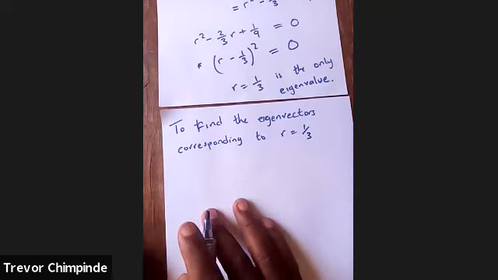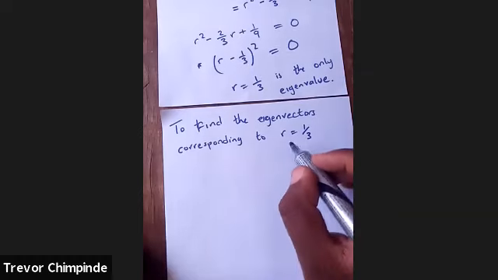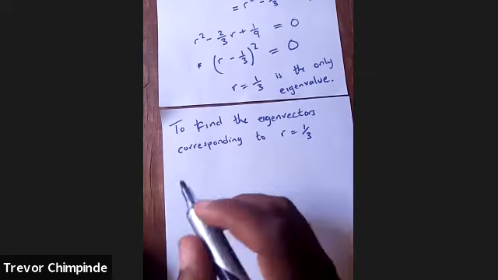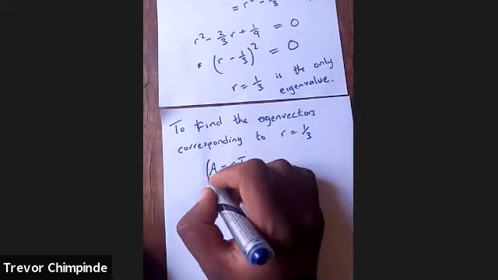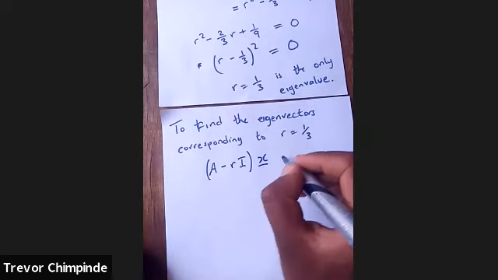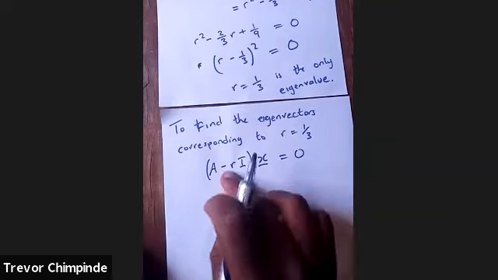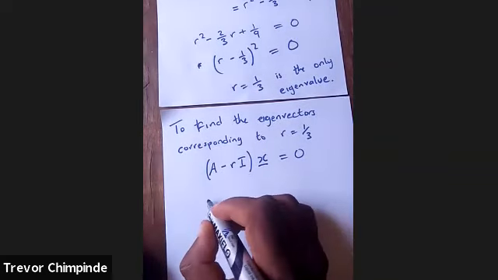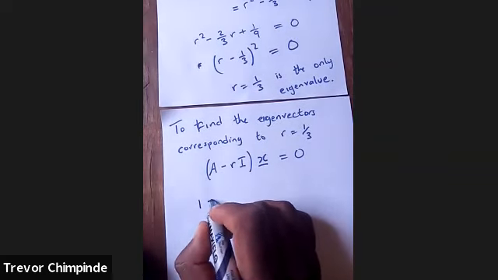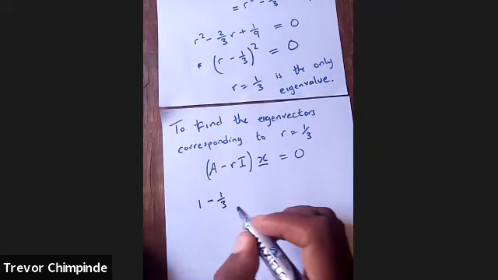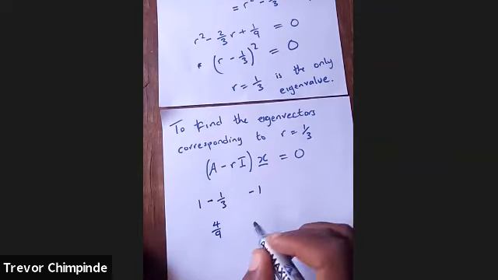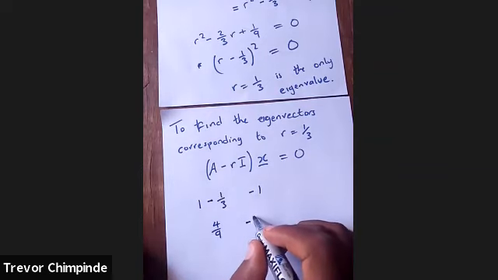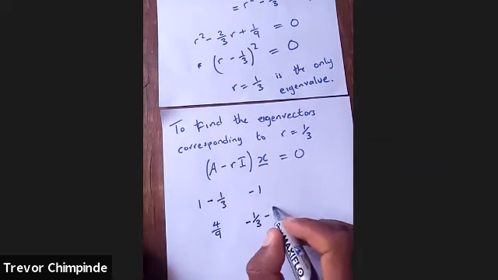So to find the eigenvectors corresponding to this eigenvalue, we have to solve A minus RI times x is equal to 0. So R here is 1 over 3. What we have is 1 minus 1 over 3, then minus 1, then 4 over 9, then minus 1 over 3 minus 1 over 3.